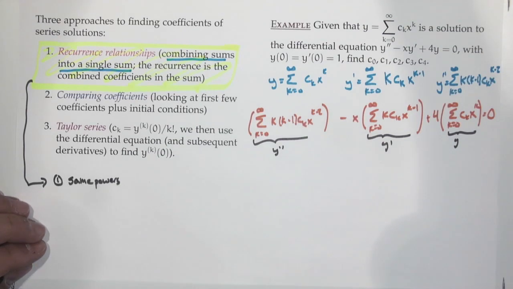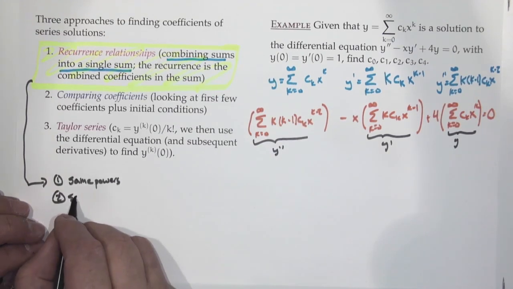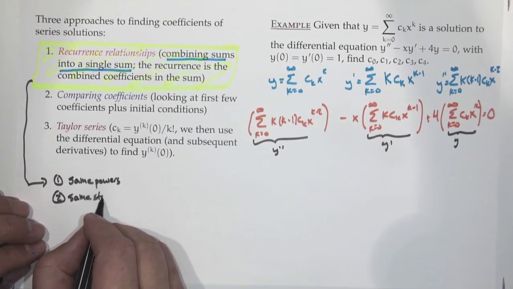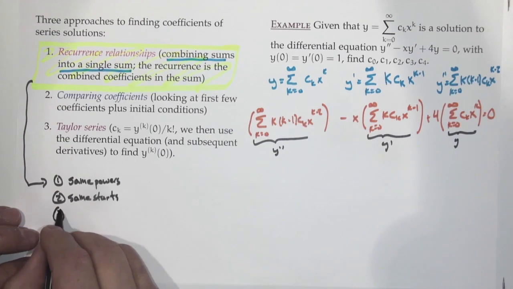You pick your favorite letter of the alphabet. I've always been using L, but you can pick a different one. Then we make sure the starts agree. Now, sometimes we get lucky, sometimes we don't. That's okay. Same powers, same starts, and then one sum.